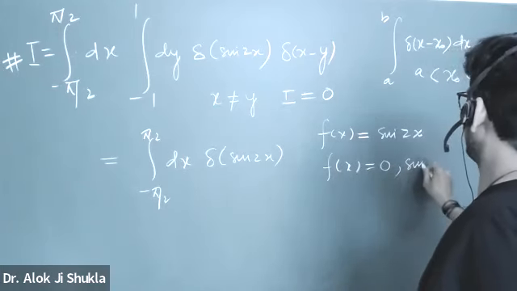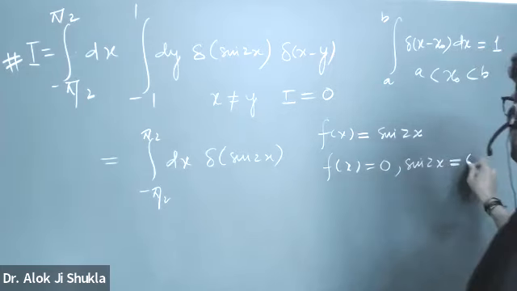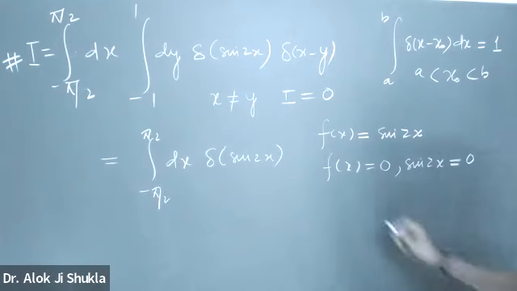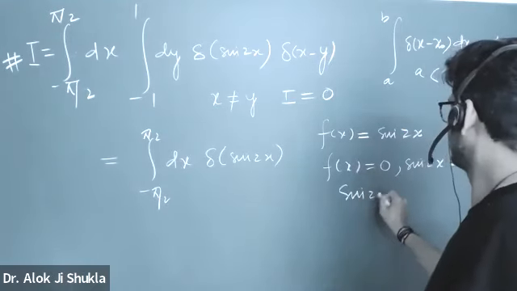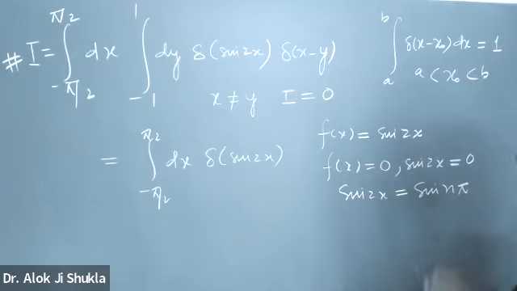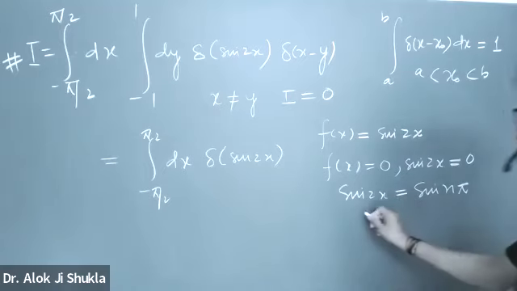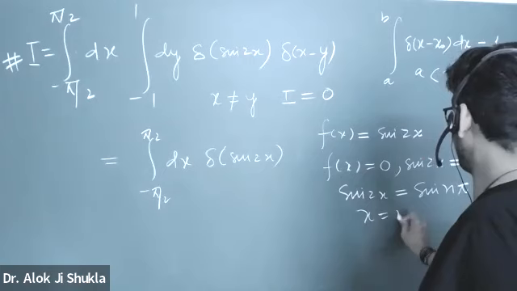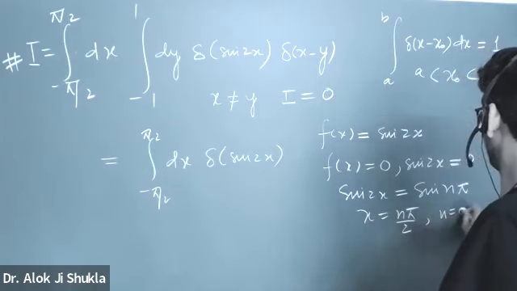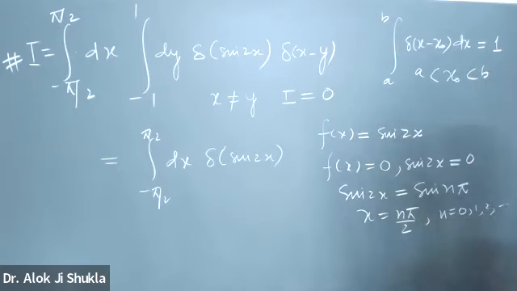So it will be sin 2x equal to 0. Now sin 2x is equal to sin of n pi, okay? And 2x, x is equal to n pi by 2, where n is 0, 1, 2, 3, and so on, positive and negative.